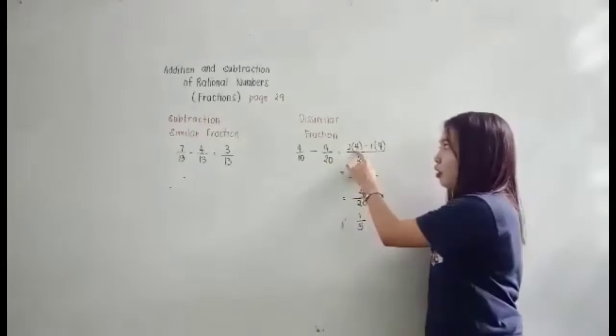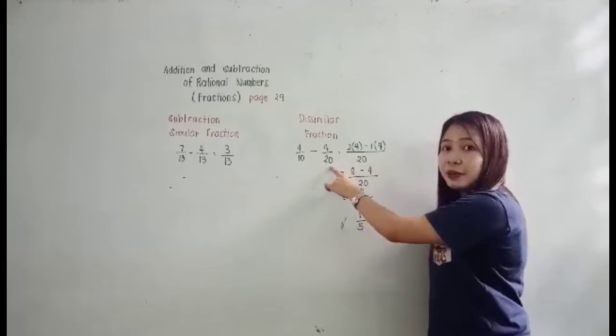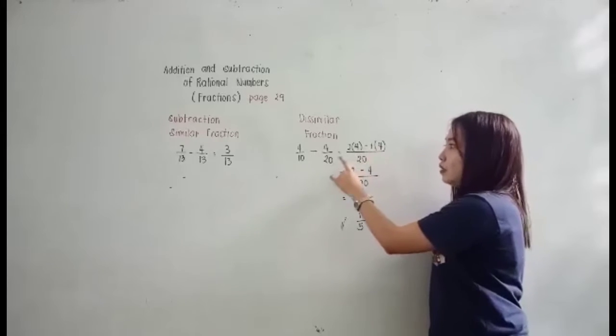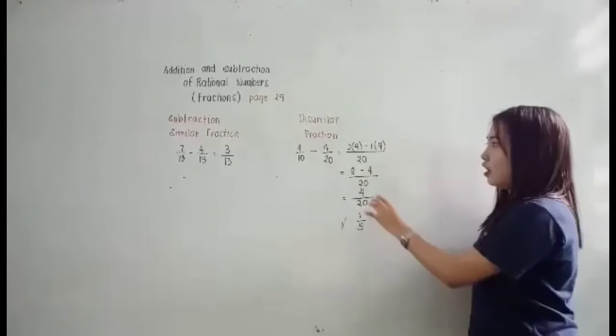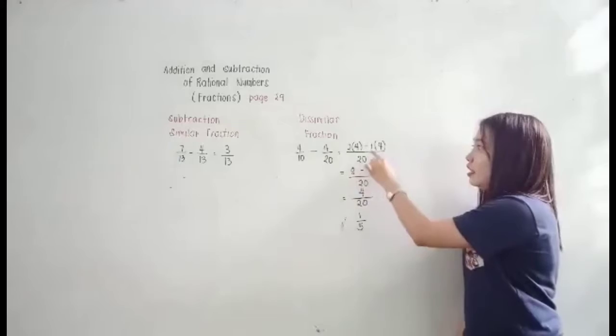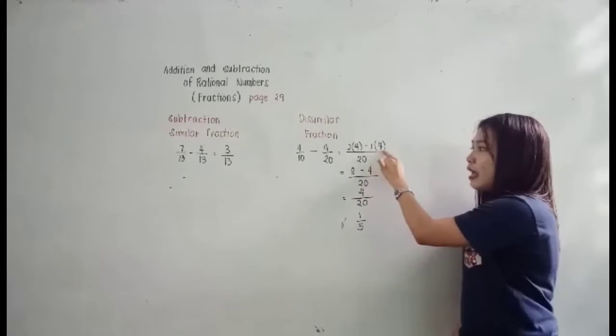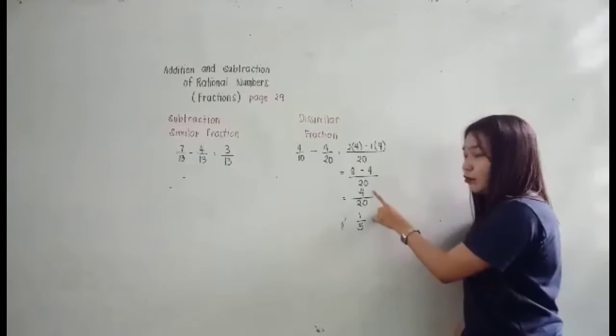So, 2 times 4 minus 20 divided by 20 is equal to 1, multiplied by 4. So, 1 times 4. Okay, so then, 2 times 4 is equal to 8. Then, minus 1 times 4 is equal to 4. Then, 8 minus 4 is equal to 4.